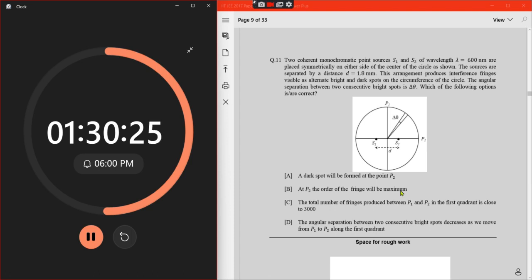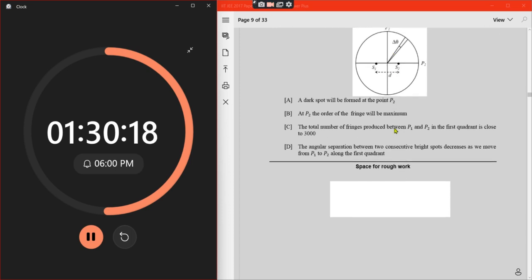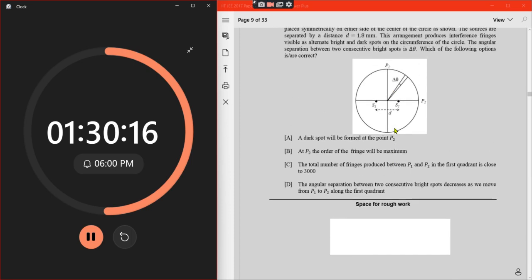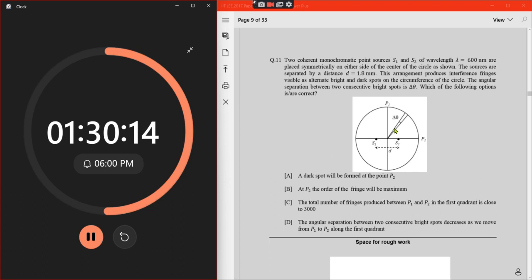So d delta theta is equal to lambda, right? That's what we do. Anyway, the total number of fringes produced between P1 and P2 in the first quadrant is close to 3,000. Lambda is given, so then actually you can do this thing, like what is d sin theta, right? For example, when theta is equal to 0, the path difference is gone. In this case, theta is just going to full 90 degrees, so just d.